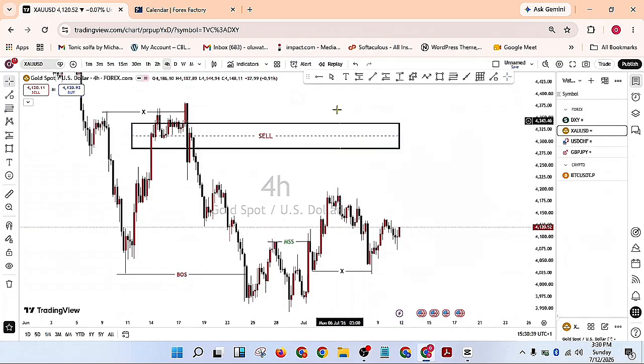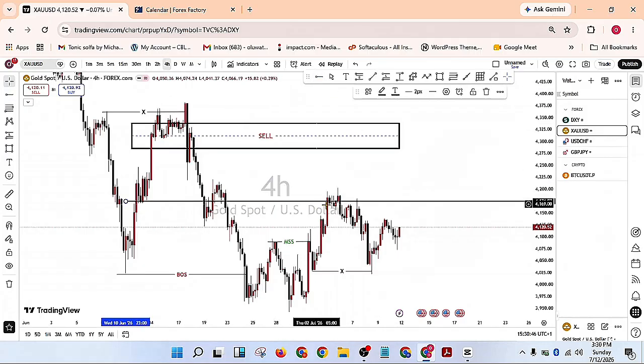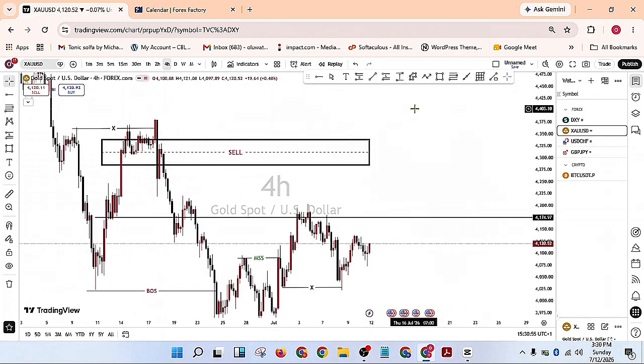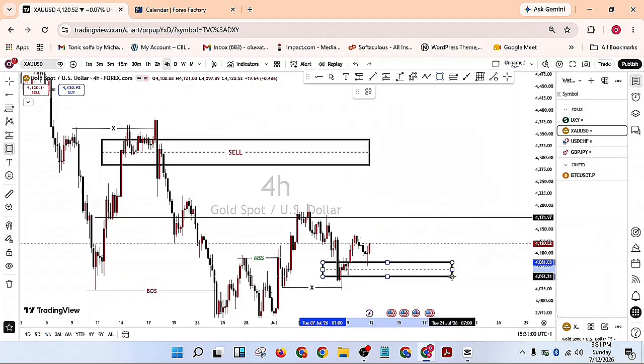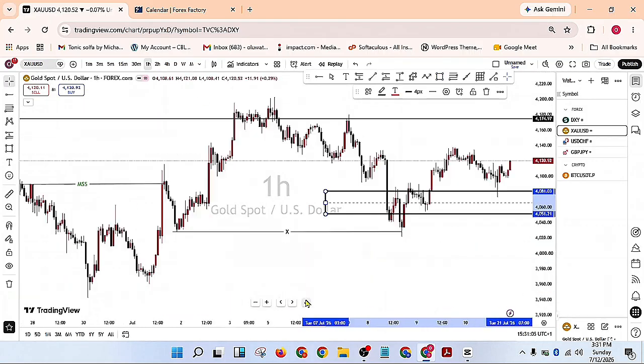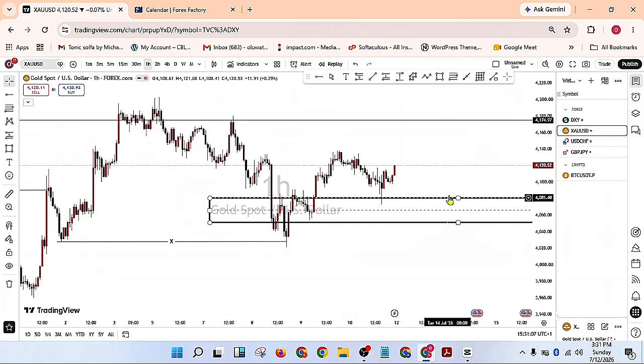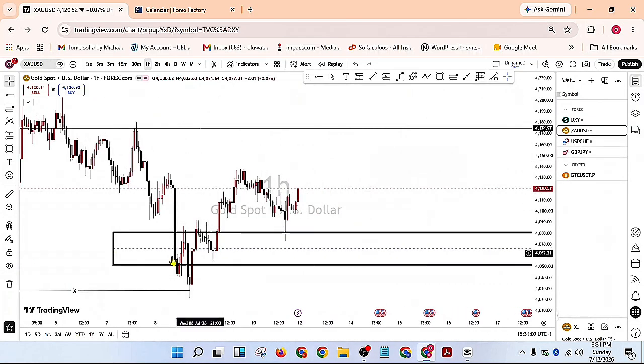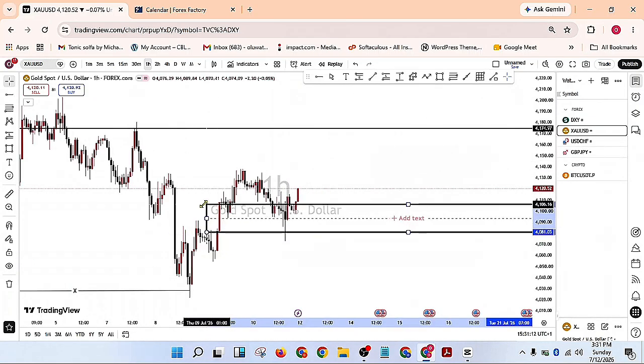What I'm saying is that if the market opens here and it breaks this structure, I'll be looking for a buy from around this location. Like if I go to 1 hour, are you getting it? Looking for a buy from anywhere from this place.